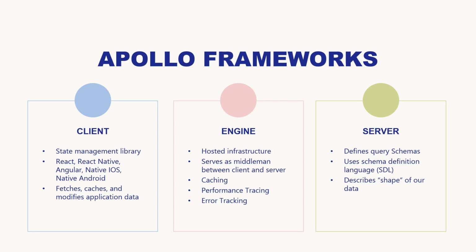And so that's why we say that it describes the shape of our data. So the shape of our data is basically how the data relates to each other. And it also defines how the front end will fetch what our client needs from our data source.